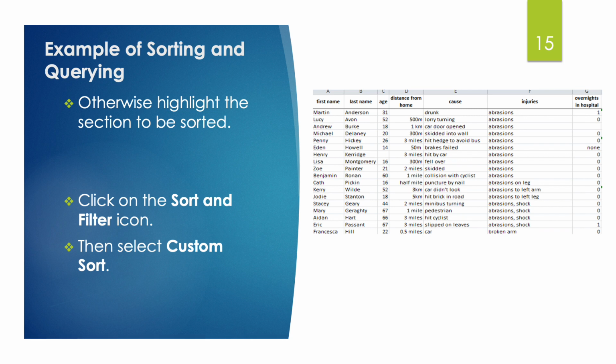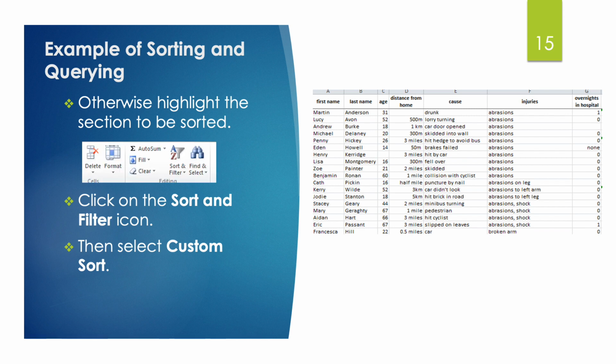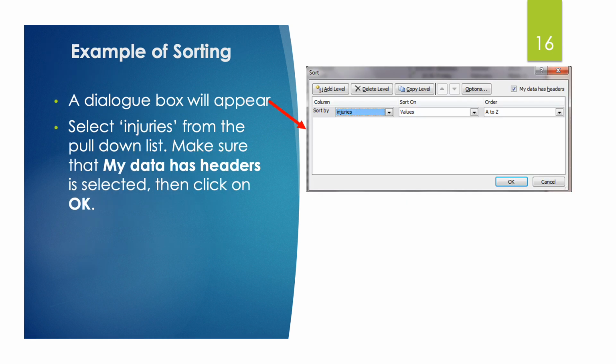Otherwise, highlight the section to be sorted, click on the Sort and Filter icon, and select Custom Sort. You will see a dialog box, and then you can select Injuries from the pull-down list, make sure that My Data has headers is selected, and click OK.